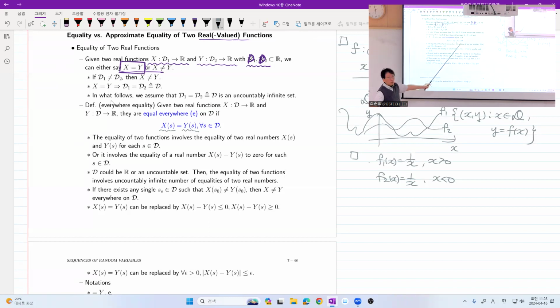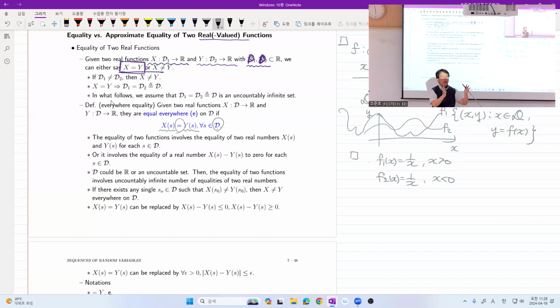And if this common domain is an uncountable set, how many equalities do we need to check? Uncountably infinite. Okay?